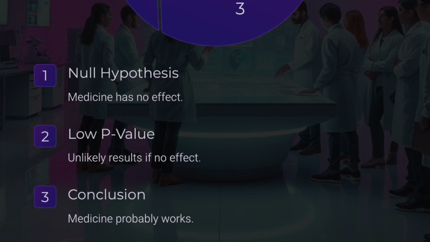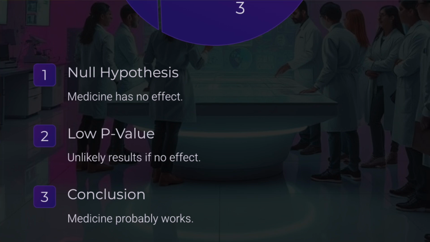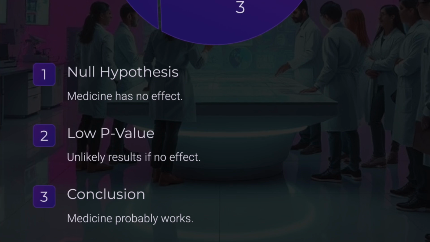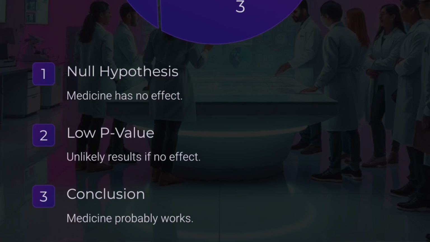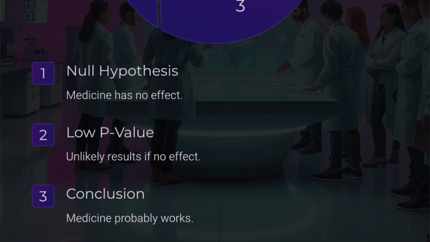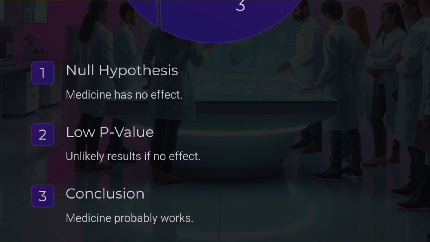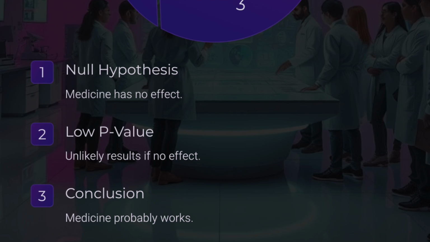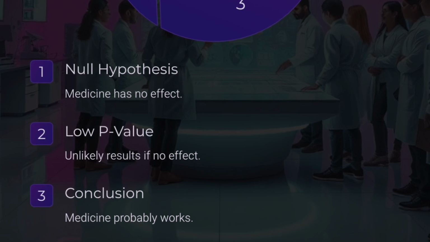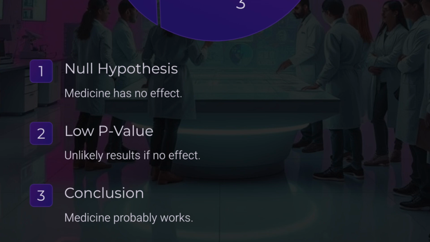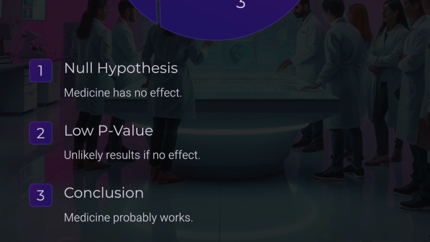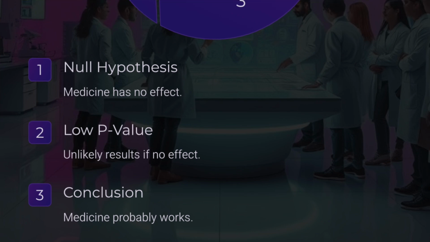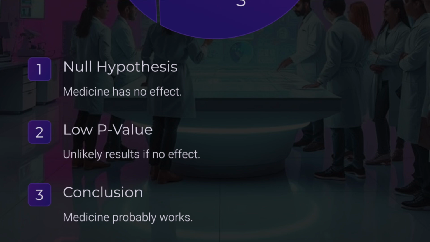But if after the treatment you do see, let's say, a 5% average drop in cholesterol levels, you can then look at the probability of observing this extreme value and see if the p-value is low enough. If it is, you reject the null hypothesis that the medicine has no effect, and this gives us evidence that my alternate hypothesis could be true. That is, the medicine probably works.